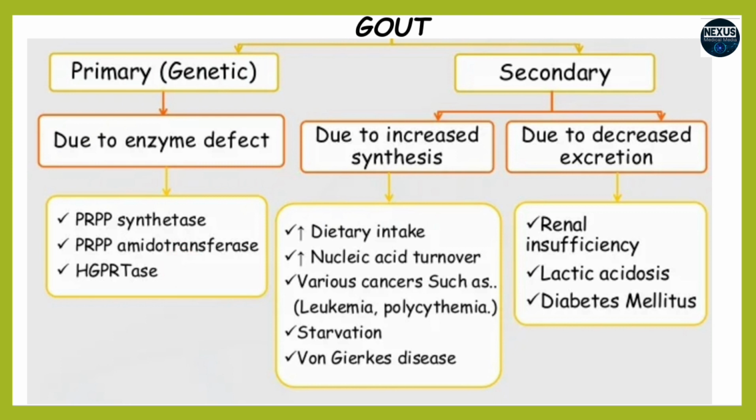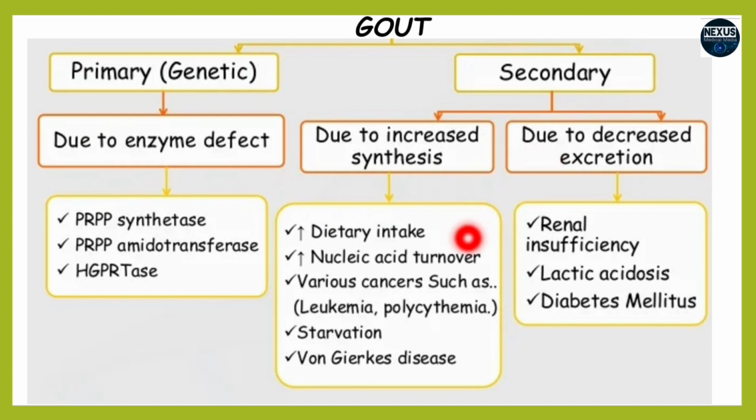Right, as I said, this is an imbalance between uric acid synthesis and its excretion. So secondary causes include things that increase synthesis of uric acid and processes that decrease the excretion, right? So what increases uric acid?